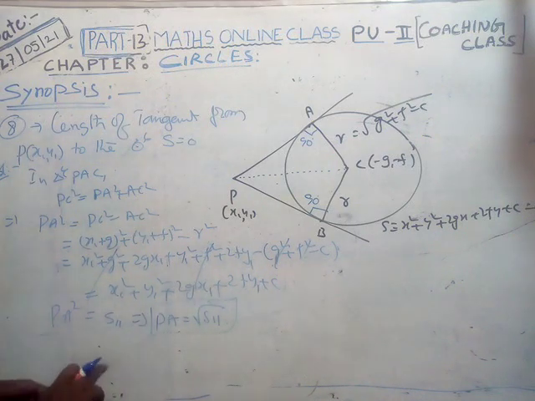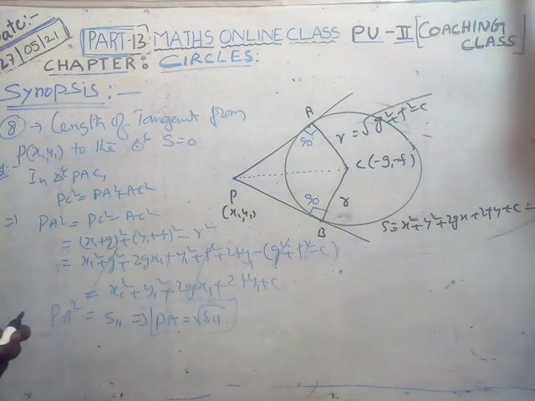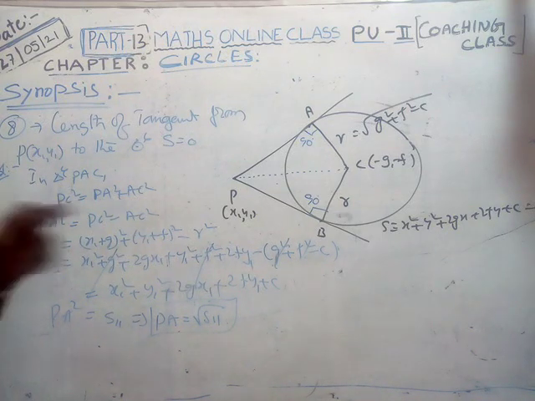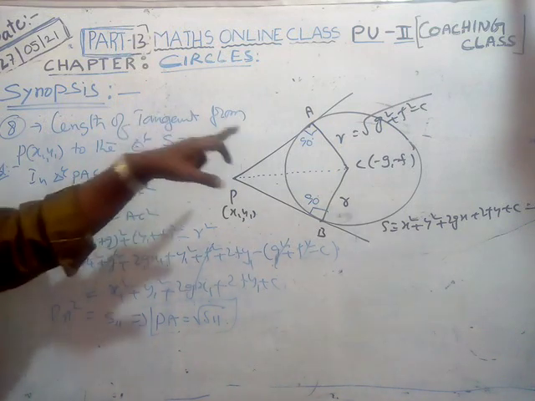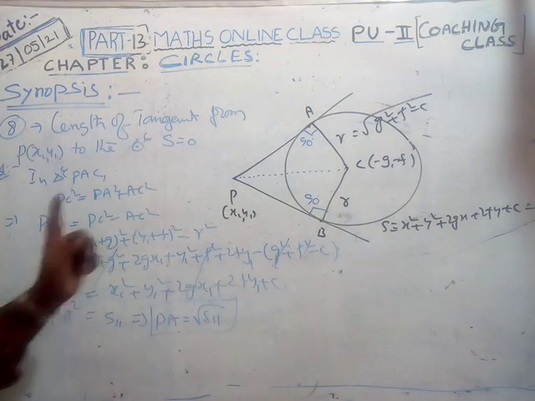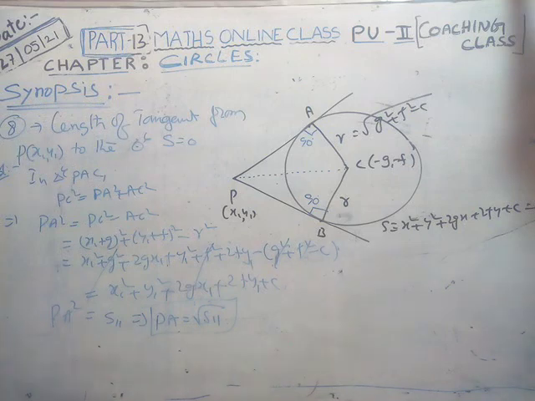Okay, na? So here we can understand the length of tangent. First of all, the concept of length of tangent means we draw a tangent from a point which is outside the circle. A tangent drawn touches at a point here. That P to A is the length of tangent.